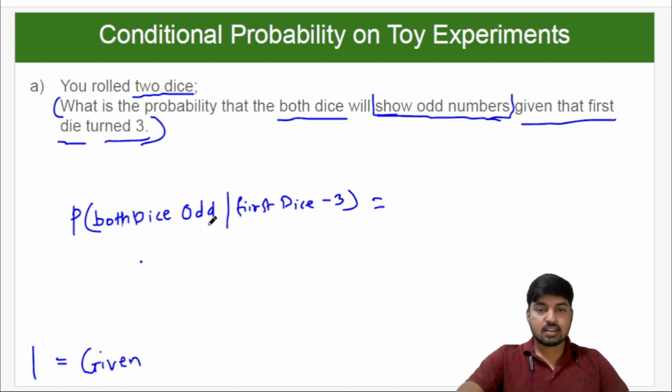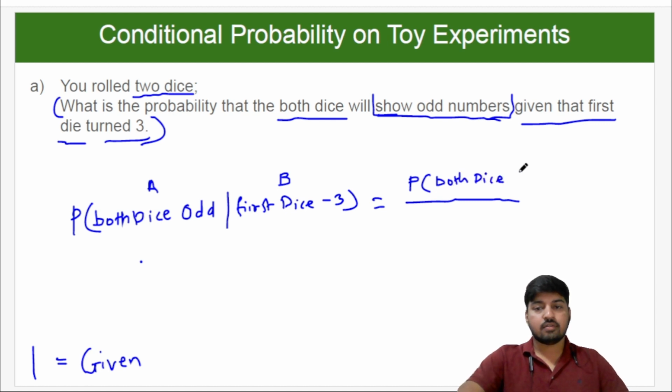In this case, we will suppose this is our event A and this is our event B. So we can write our probability like this. What is the rule? We have said probability of both dice odd and first dice 3, divided by probability of B. What is the probability of B?